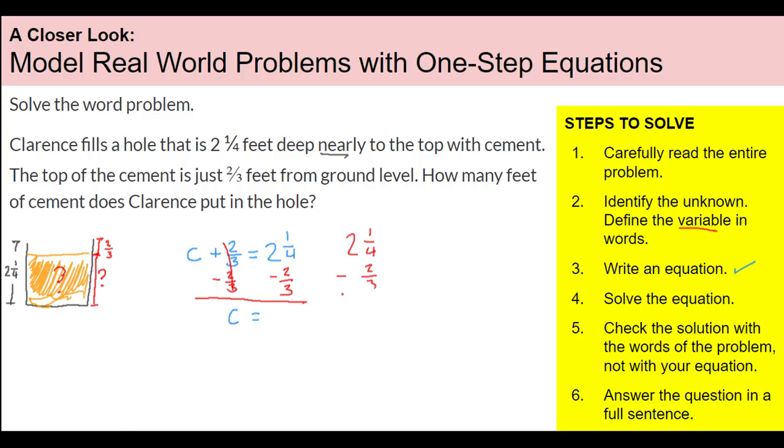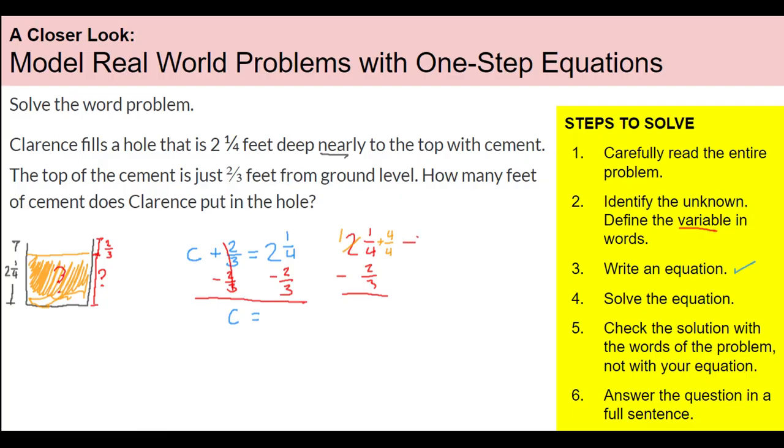Now, if I try to do 1/4 minus 2/3, this 2/3 is bigger, so I need to regroup. I'm going to borrow from the 2, that becomes a 1, and I'm going to give 1 to the 1/4, but it's going to look different. I'm going to give it 4/4, that's 1 whole. I took away 1, and I gave 1. It just looks a little bit different.